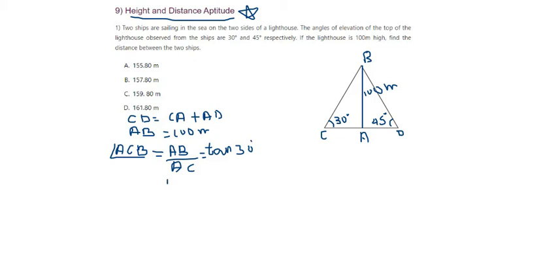So here tan 30 over here is nothing but 1 by root 3. So AB by AC is equal to 1 by root 3.